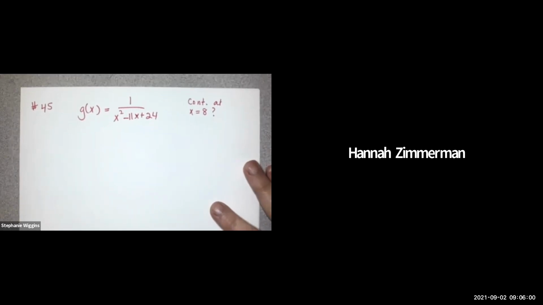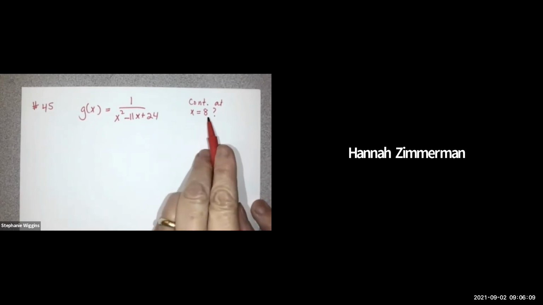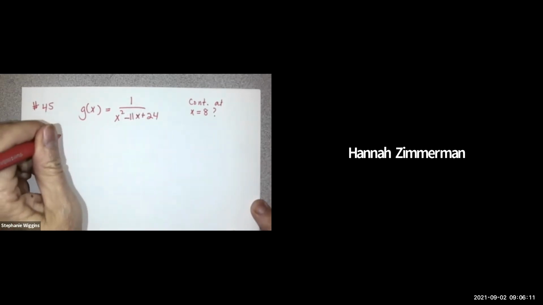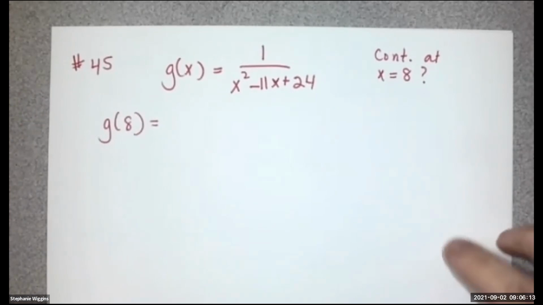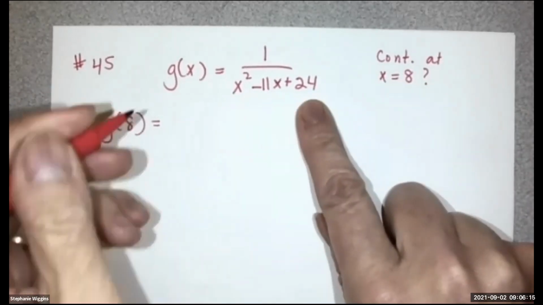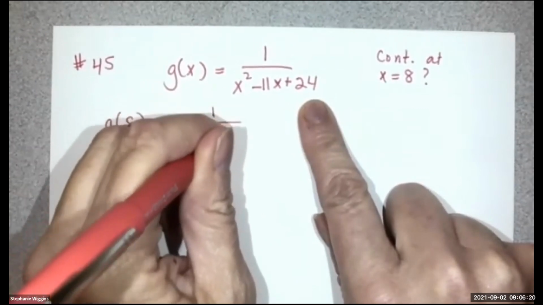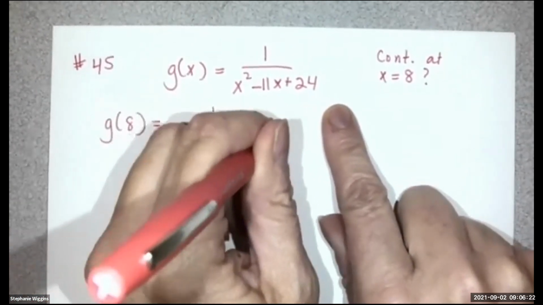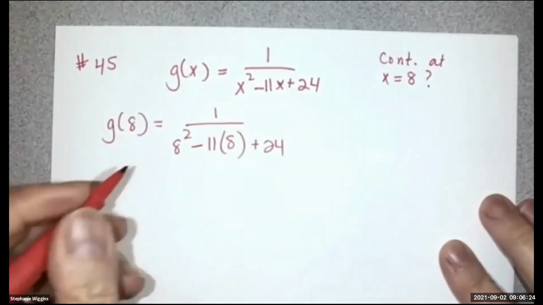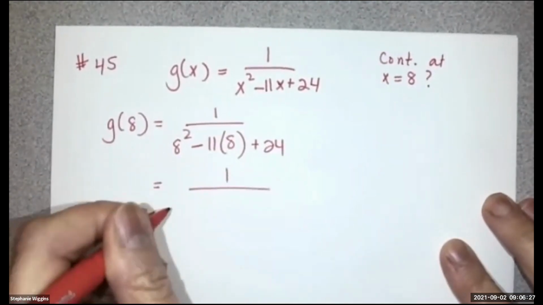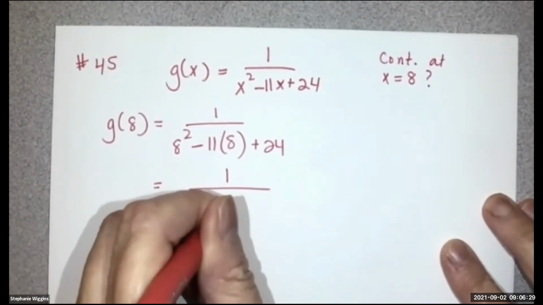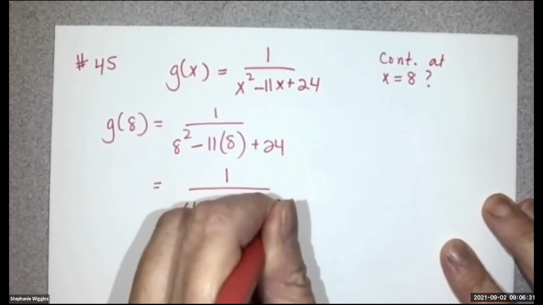Okay, so again, there are two requirements for continuity. The limit has to exist on the left and right, and the function value has to exist. So I'm going to start with the function value because that's usually the easiest to calculate. So I take my 8, I plug it in here. I have 8 squared minus 11 times 8 plus 24. And that's going to be 1 over 64 minus 88 plus 24.